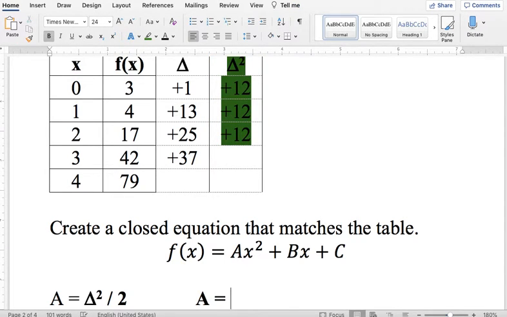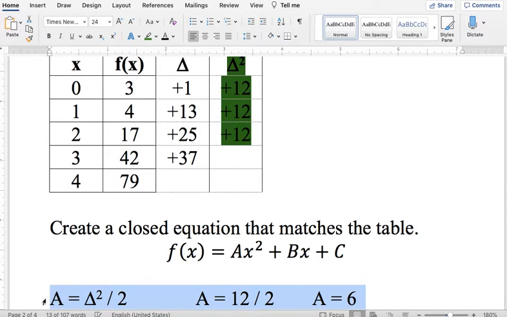So a is equal to positive 12 divided by 2. Therefore your a is equal to 6. All right. This 12 right here, let's put it in green.